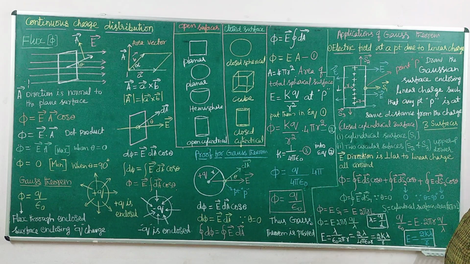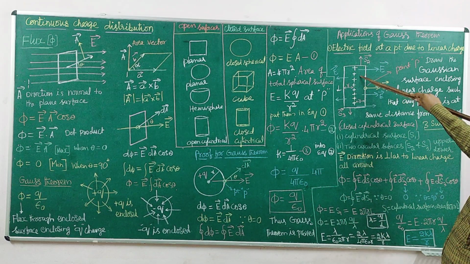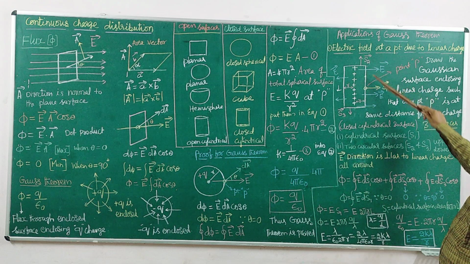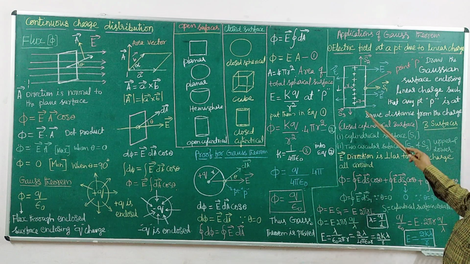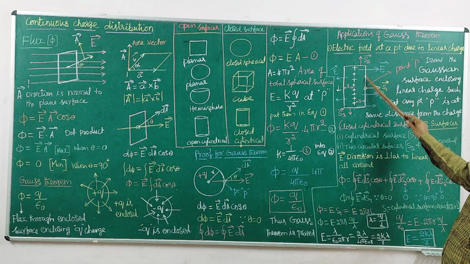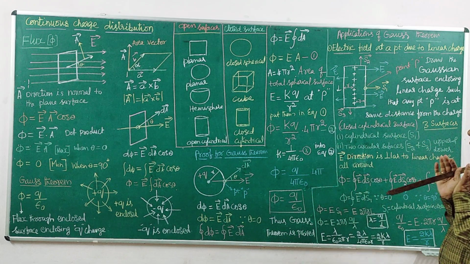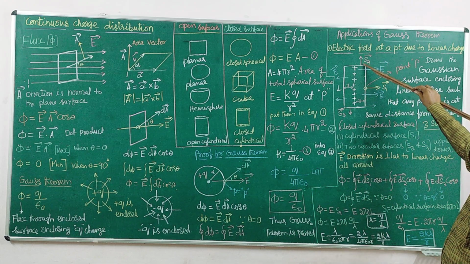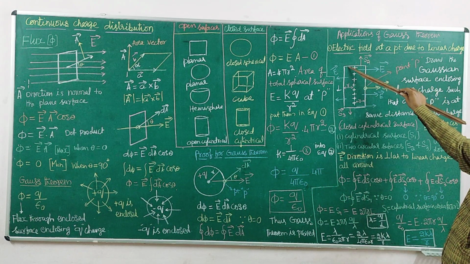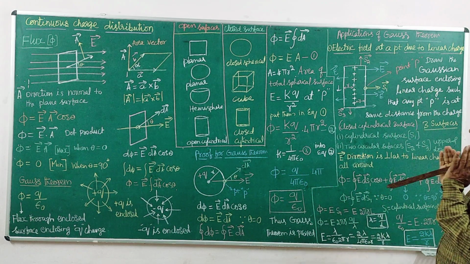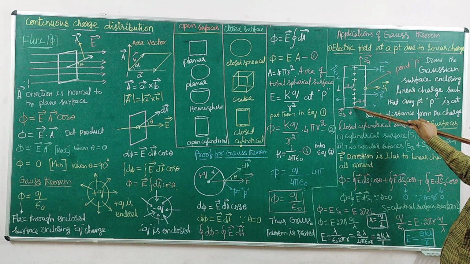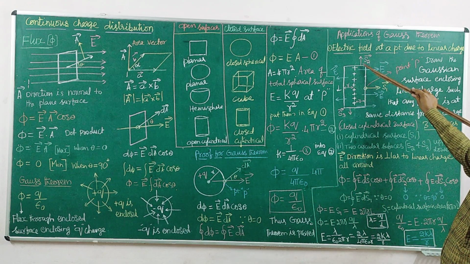Now we can find the electric flux through the total Gaussian surface. There are three different surfaces: the cylindrical sideways surface and two circular surfaces, one on the upper end and one on the lower end.